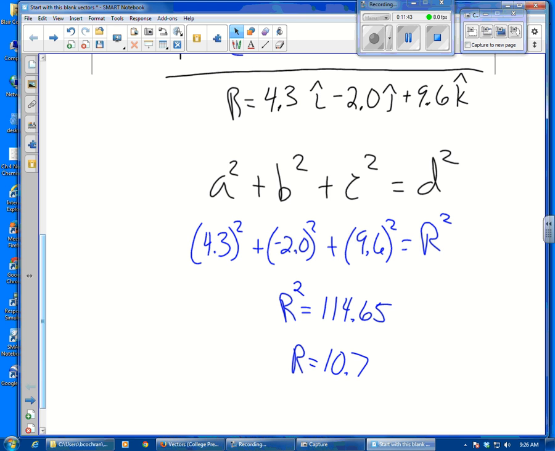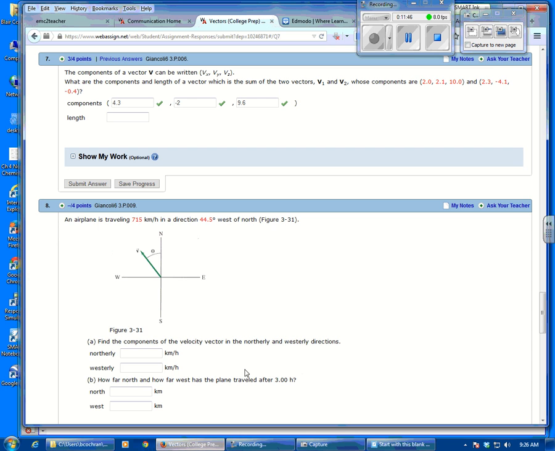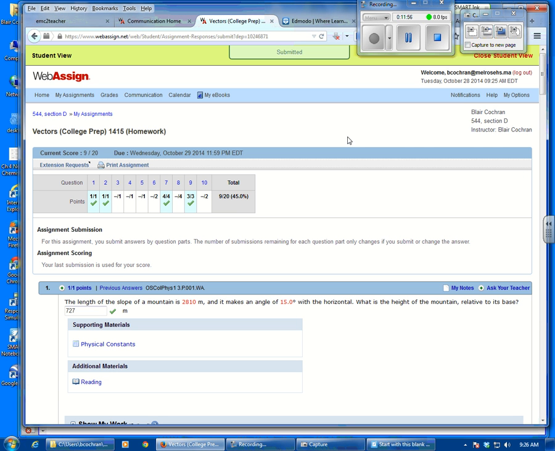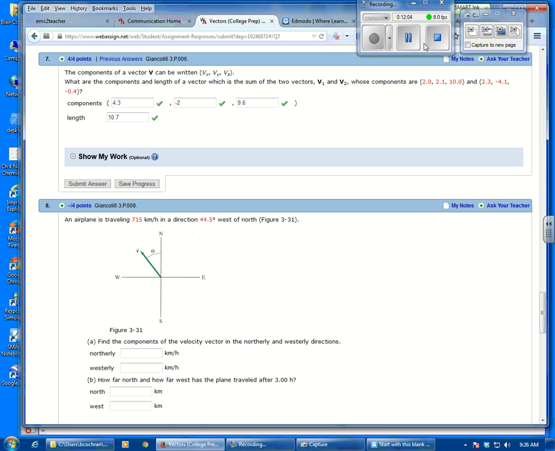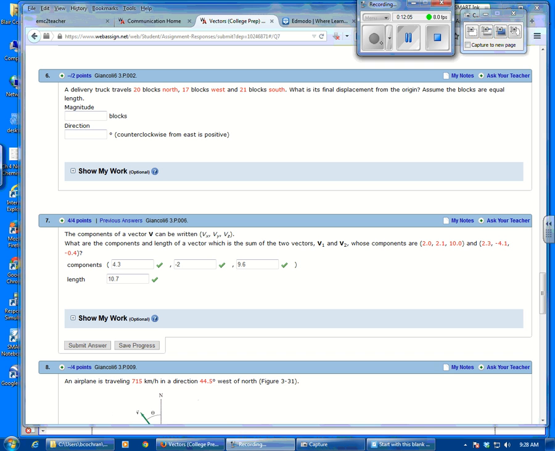Let's see if 10.7 is correct. Your numbers are different. This one, you should either have it open on your phone or on one of the computers that isn't being used, so you can work in parallel. Yay, I got it correct.